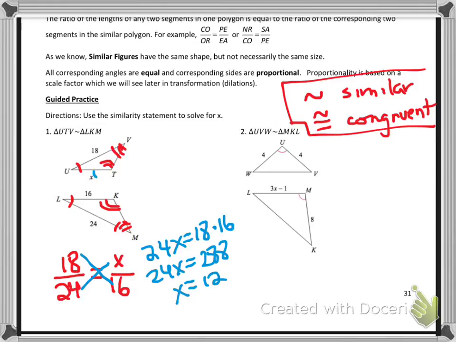I always put it back in and make sure it makes sense. 18 is half again as big as 12. 24 is half again as big as 16, so it all fits together.